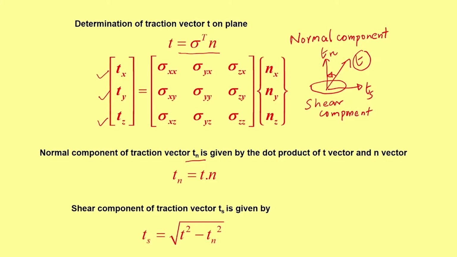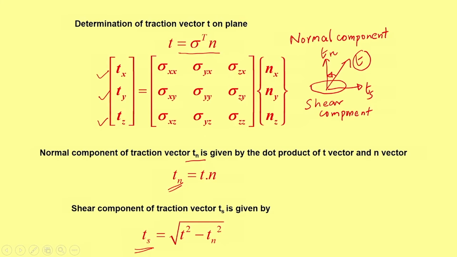Similarly, for the shear component Ts, once we know Tn, because these are orthogonal, the magnitude of Ts is given by the root of T square minus Tn square.